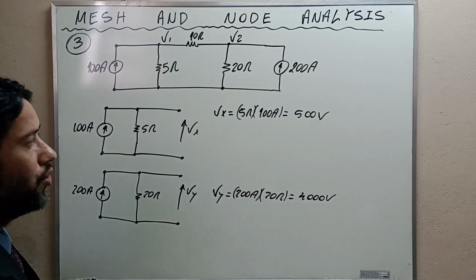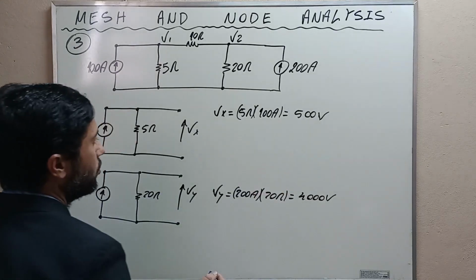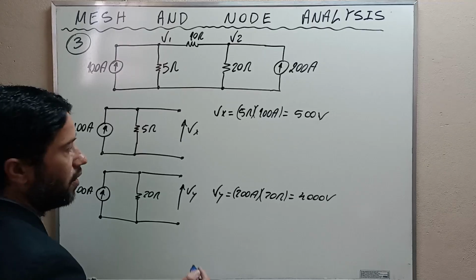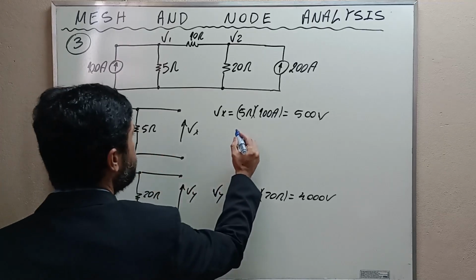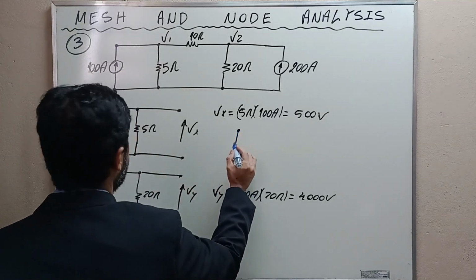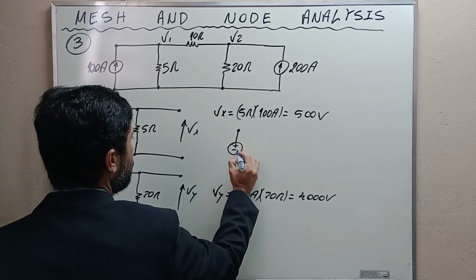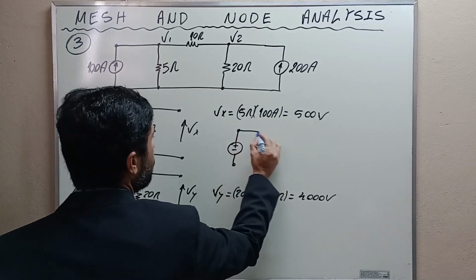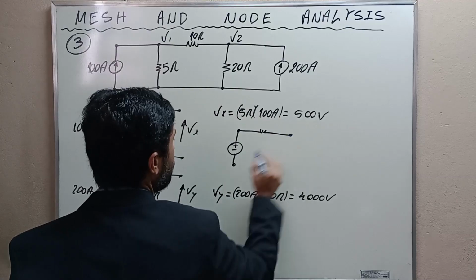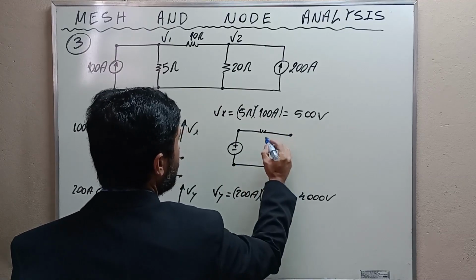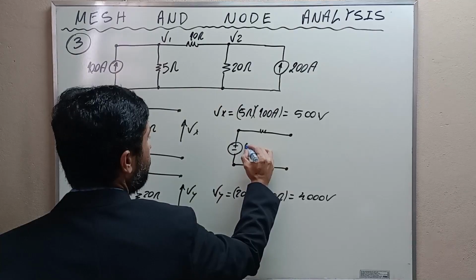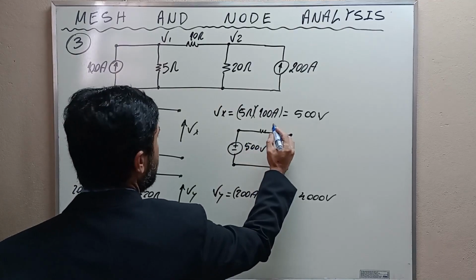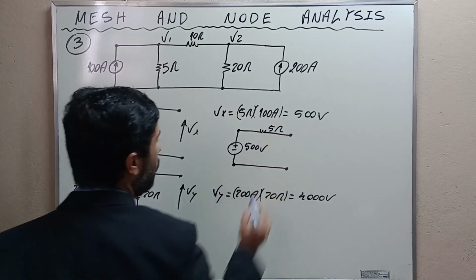Alright, using these voltage sources, this circuit becomes here 500 volts and here 5 ohms.